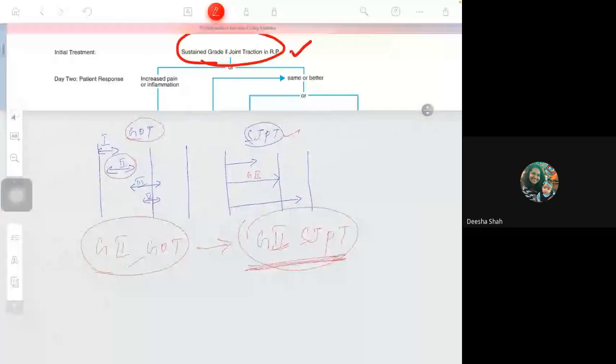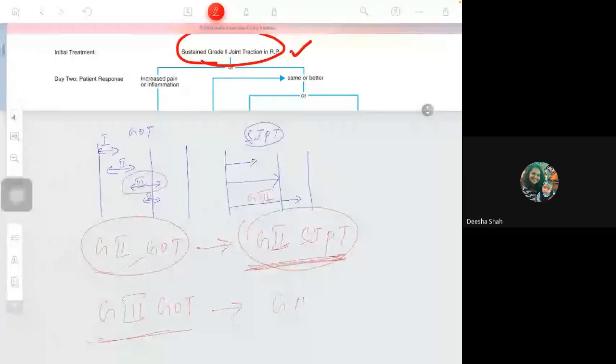Second, if you want to give grade 3 GOT, where is grade 3 GOT? This is grade 3 GOT. First, you have to give grade 3 SJPT.